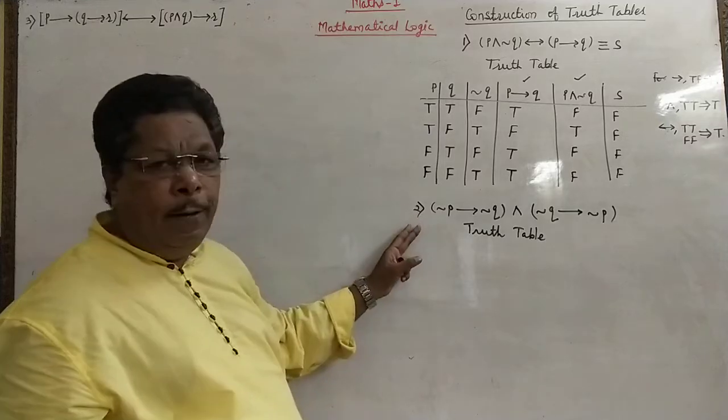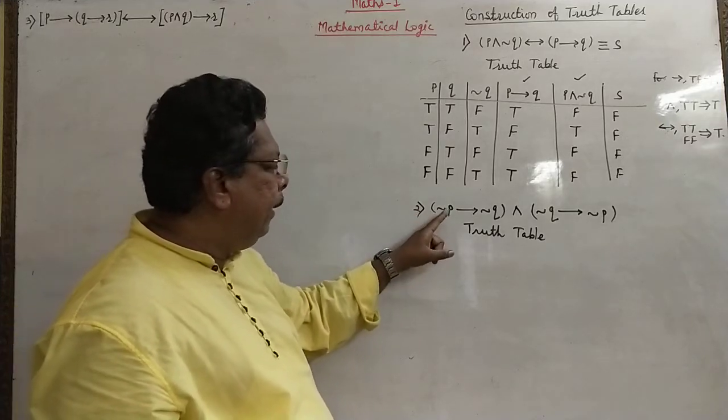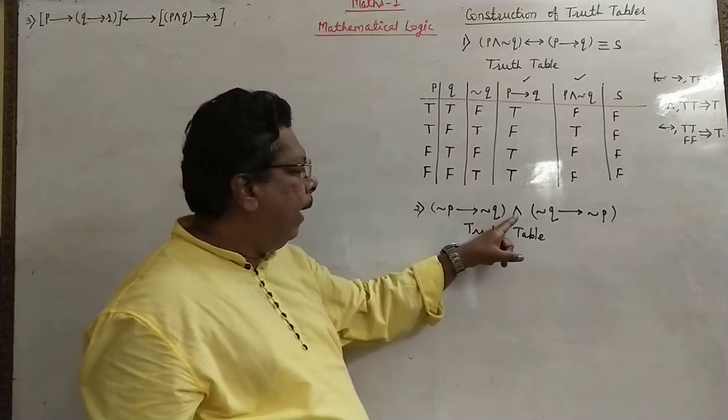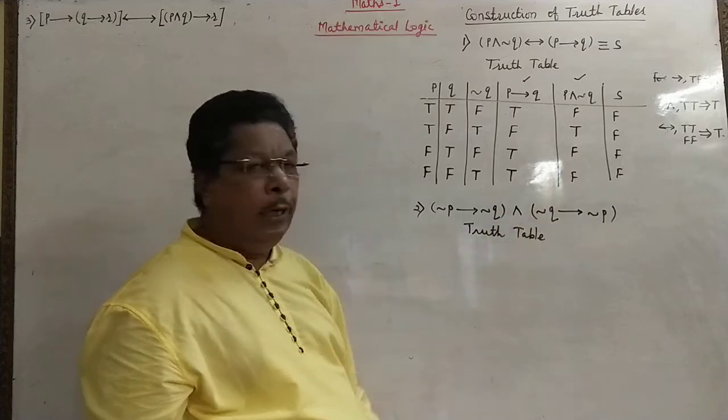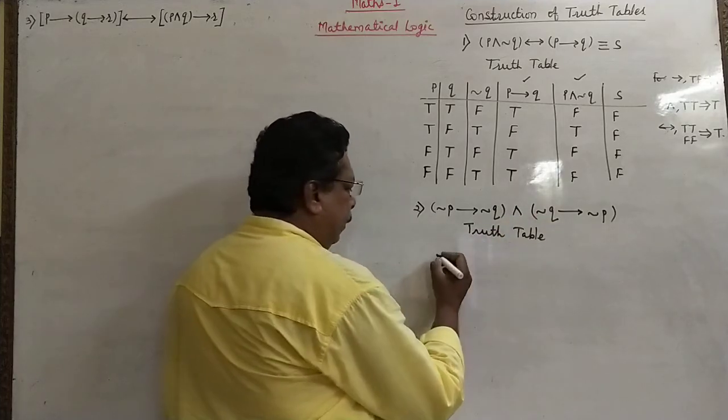Now see the second one: (negation P conditional negation Q) and (negation Q conditional negation P). Prepare the truth table.